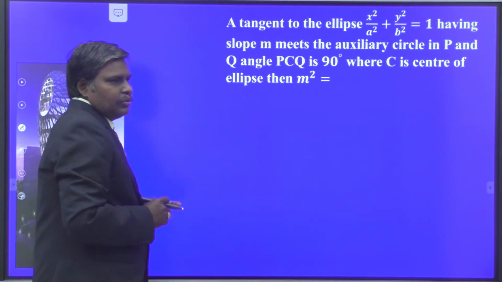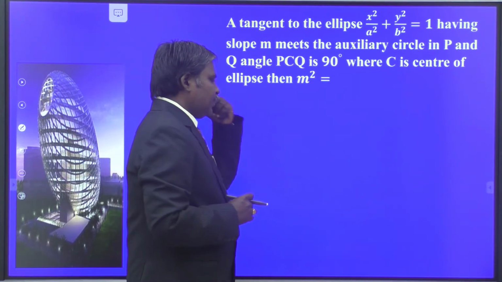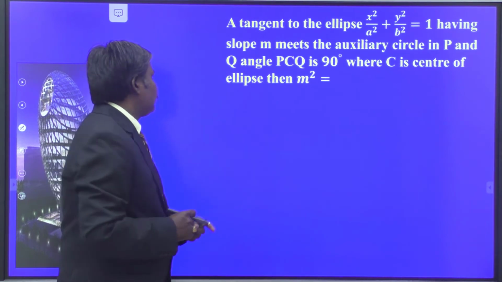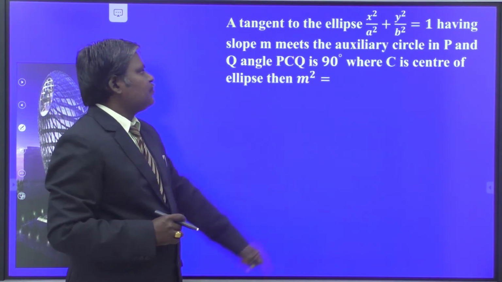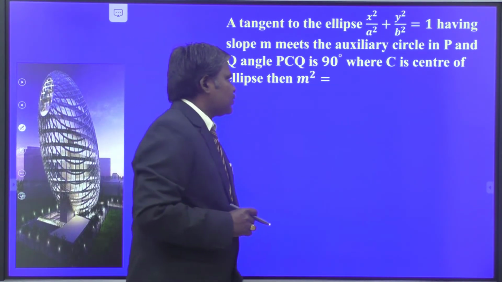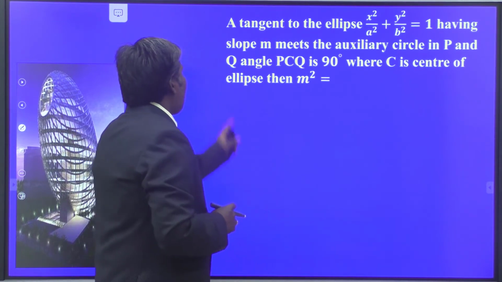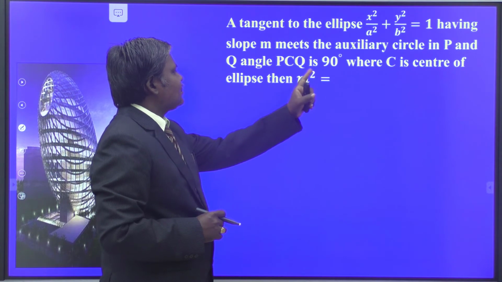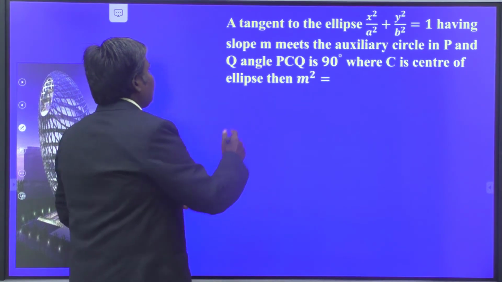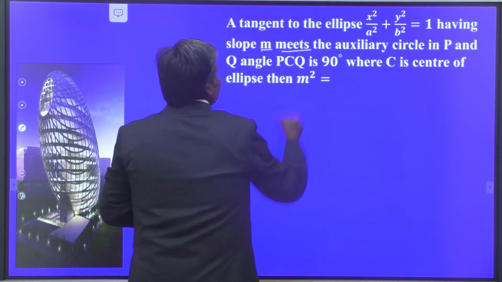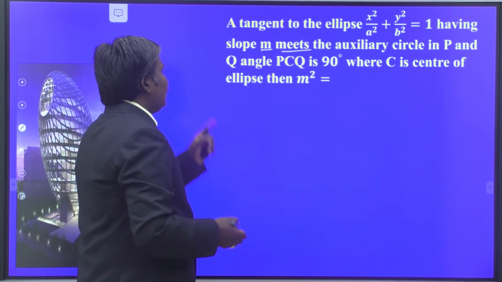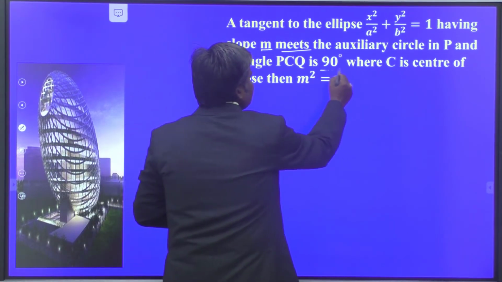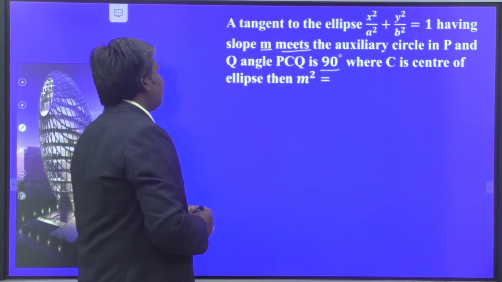This is also the same model, but instead of that P of alpha, they are given slope. A tangent to the ellipse x square by a square plus y square by b square equal to 1 having slope m meets the auxiliary circle in P and Q. Angle PCQ is 90 degrees where C is center of the ellipse.